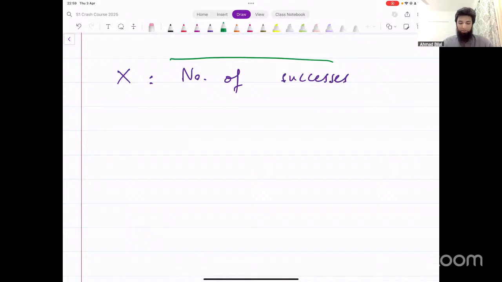Find the probability of the number of successes being equal to something. Now, that's one thing that you need to keep in mind. You will always be looking for the probability of a certain number of successes. But then there are some other conditions as well that need to be fulfilled for you to be able to use that formula.